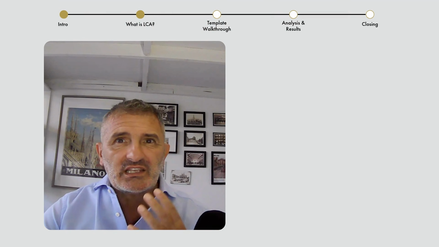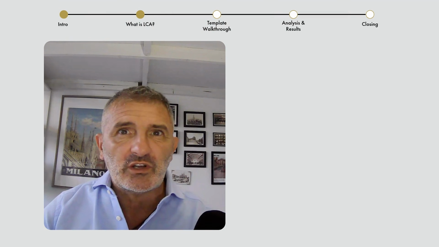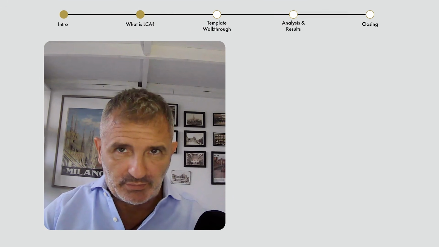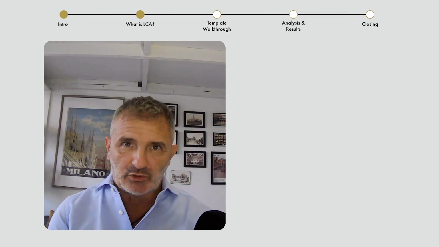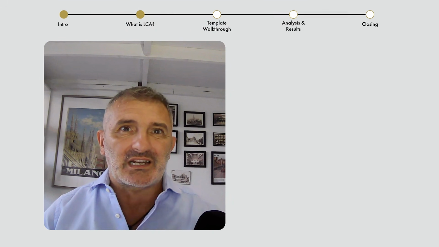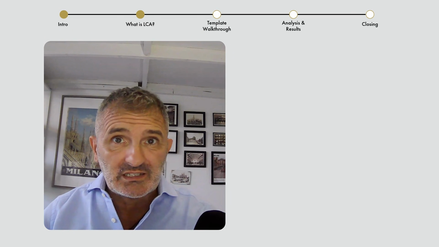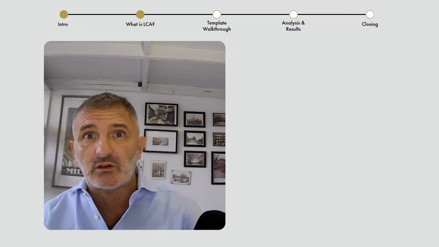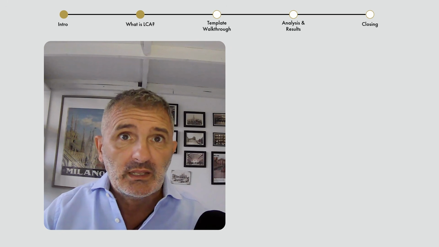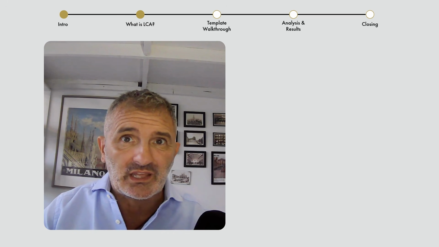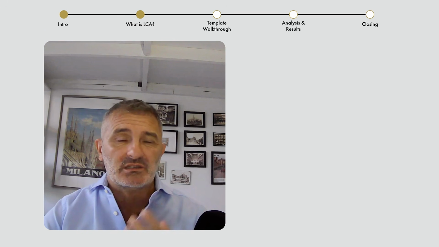Think of it as tracking the environmental story of a product from beginning to end. For example, if you're assessing a plastic bottle, the impact doesn't start in the factory. It starts from extracting raw materials all the way to disposal or recycling the bottle. And this template helps you to organize and calculate those impacts in a much simpler way.